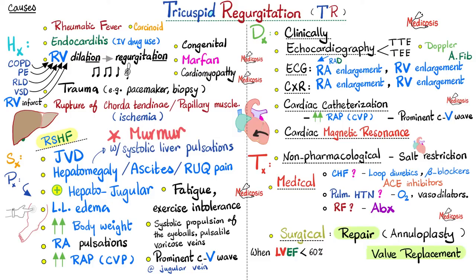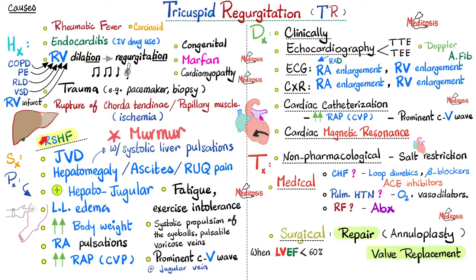Ischemic heart disease on the right side can rupture the chorda tendineae or the papillary muscles, which can lead to tricuspid regurgitation. Trauma to the chest can cause tricuspid regurgitation if the trauma is around the tricuspid valve. Pacemaker placement can lead to tricuspid regurgitation. A biopsy of the heart can cause tricuspid regurgitation, although these are rare causes.